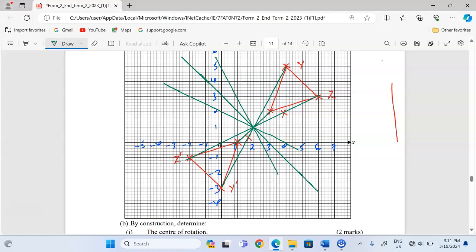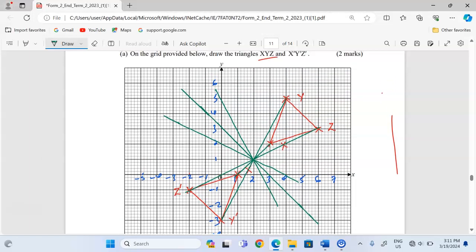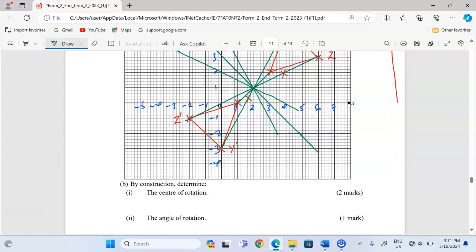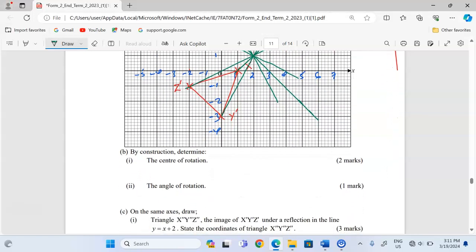This is now confirming that all the perpendicular bisectors are meeting at a point, and the point is (2, 1). So the center is (2, 1). That is the coordinate of the center of the rotation.